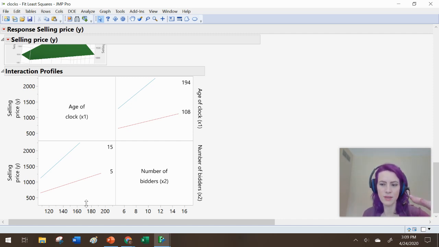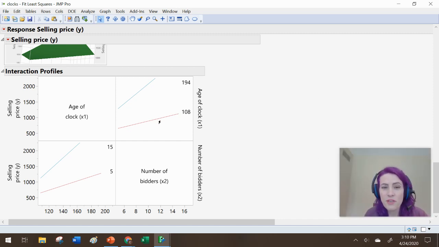So it's a more gentle slope there. So for five-bidder auctions, the price does go up with the age, but not as steeply as it would go up if we had 15 bidders. So when there's more bidders, the rate of change between the age of the clock and the price is greater. Imagine an auction where everyone's going crazy over this really old clock. I guess it's like that.